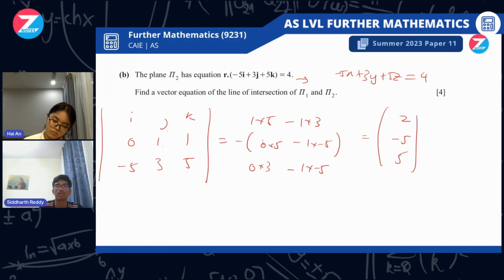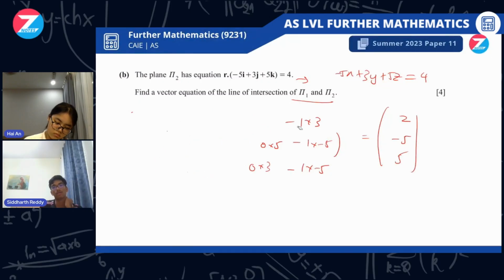As for a point, we need just any point on the line of intersection. So all we have to do is find a coordinate which satisfies both equations. The first equation we had was y plus z is equal to minus 7.